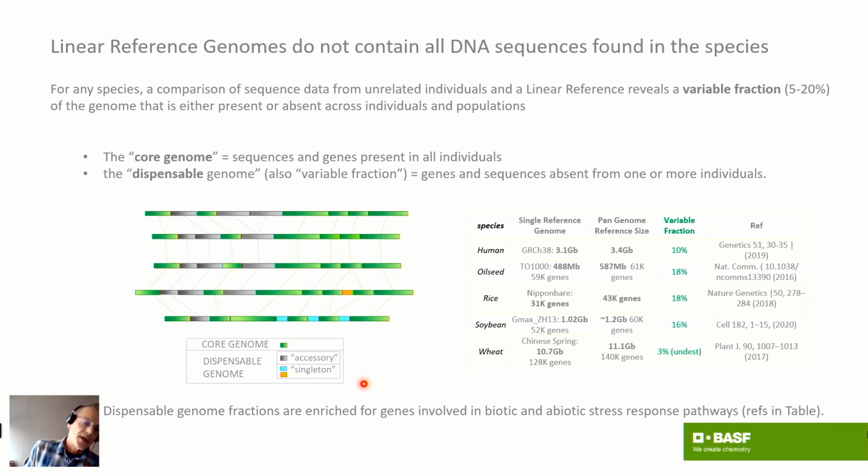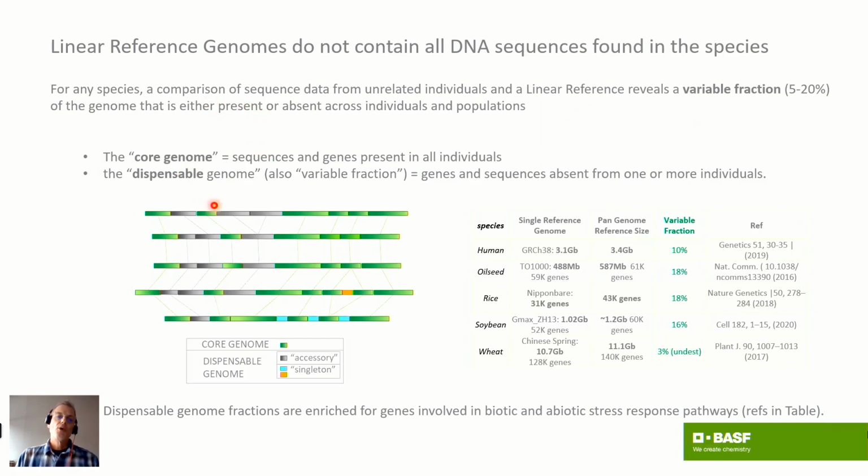As Erwin mentioned, now we have concepts such as core and dispensable genome, because what we see when we sequence a number of individuals in any species is that there's a large fraction of genomic DNA which is segregating across individuals as presence or absence.